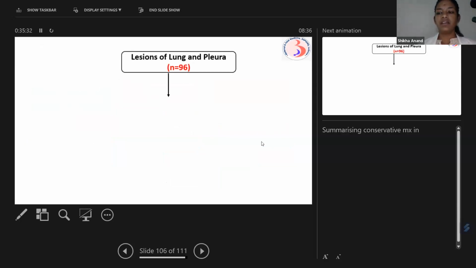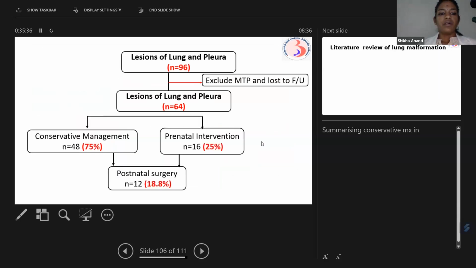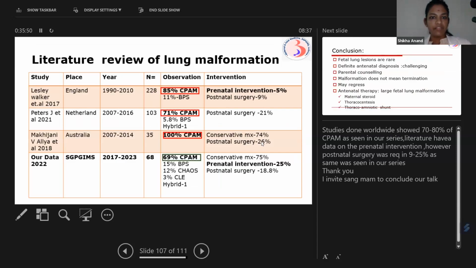Now summarizing: 75% required conservative management, whereas 25% had prenatal intervention, and 18.8% required postnatal surgery. Coming to the review, the studies done worldwide show that 70 to 80% of lesions were CPAM, the most common lesion.